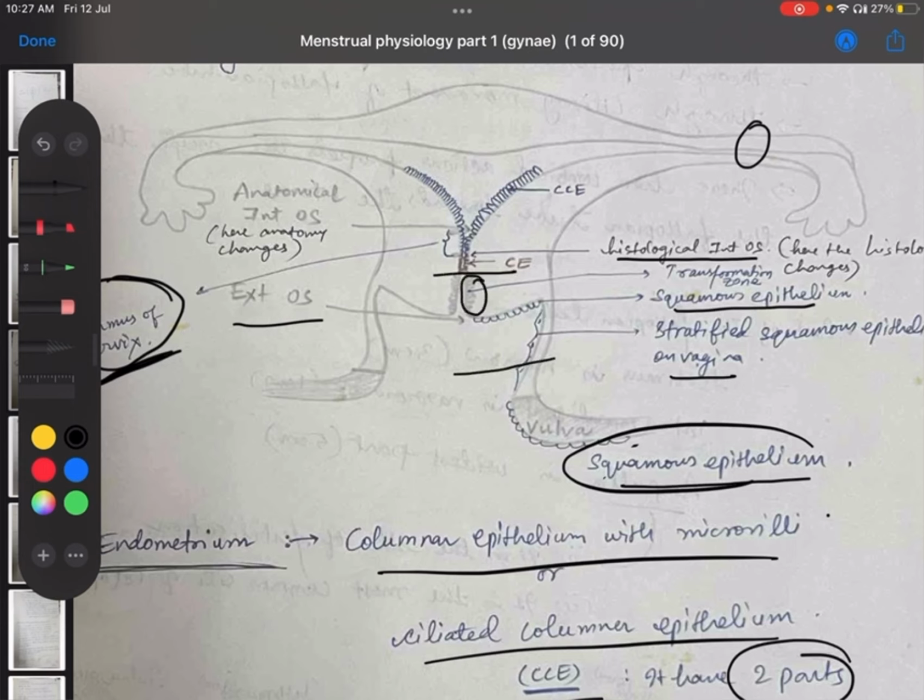Basically, this particular part is the most actively dividing cells. But that doesn't mean that this or this won't be affected. This can also be affected, but this area is affected the most. These are the actively dividing cells, the transformation zone.